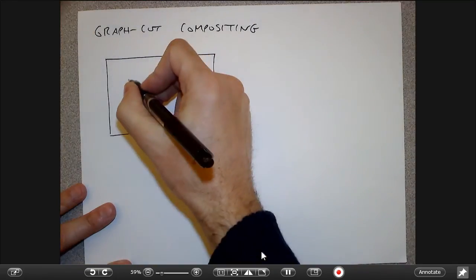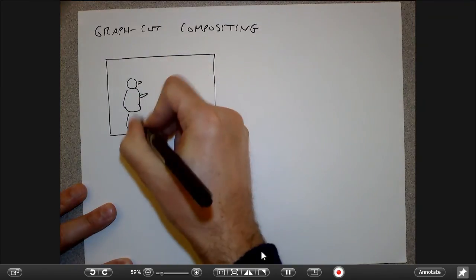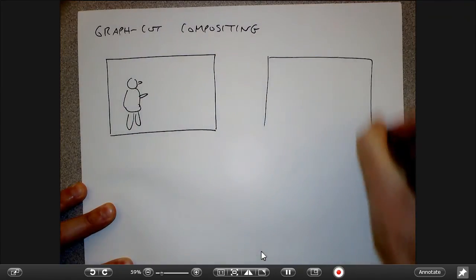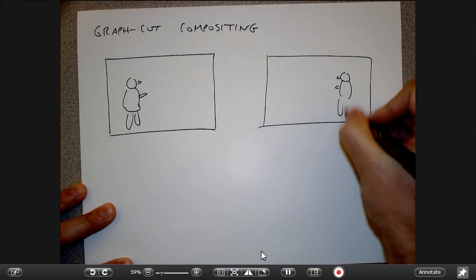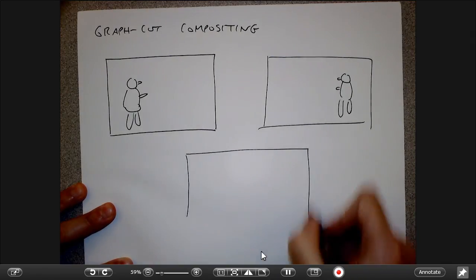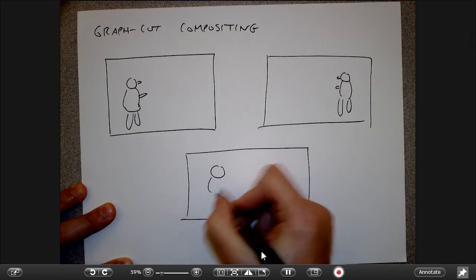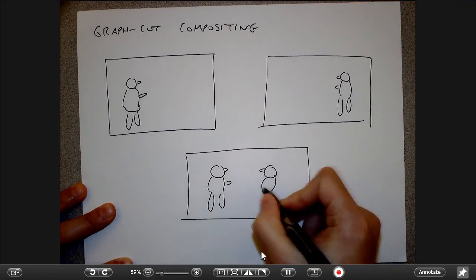Well, you have one plate where you've got person A talking to an empty place, right? And then you've got another plate shot in the same set with person B that is actually the same person taken at a different time. And the idea is I want to build an image that looks like these people are talking to each other in the same scene. This is high quality drawing here.